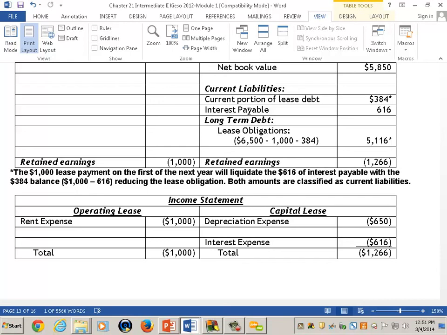And what else? We also have EBITDA, where we add back depreciation and amortization. So capital lease does better with these statistics.